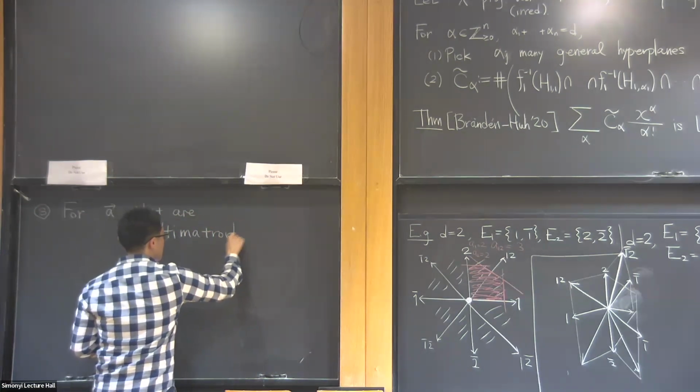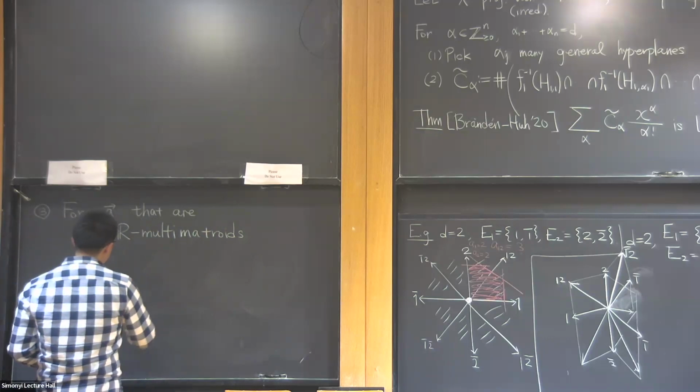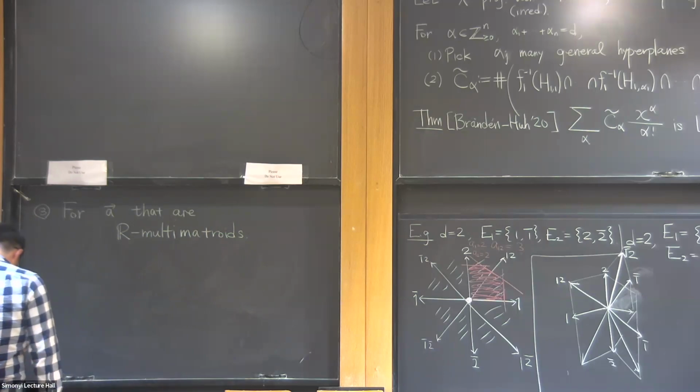For some of you, maybe you just learned what matroids are. There are these things also called multimatroids, and then there are these things called polymatroids, and they're not the same. The simultaneous generalization of multimatroids and polymatroids are our multimatroids. It's a little unfortunate, but that's what it is.